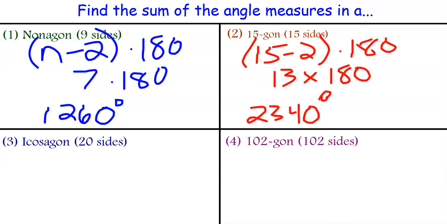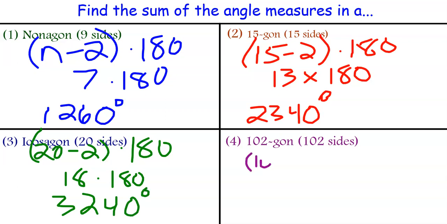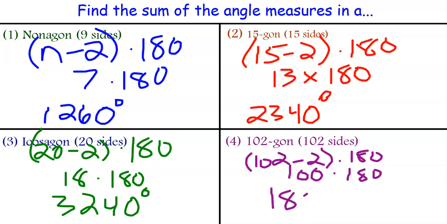For the icosagon, we have 20 minus 2 times 180, which gives us 18 times 180. And multiplying 18 by 180 gives us a total angle measure of 3,240 degrees. Finally, for the 102-gon, that is 102 minus 2 times 180, or 100 times 180, which is, of course, 18,000 degrees.